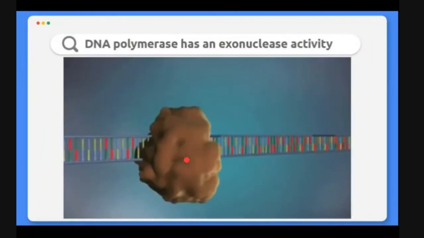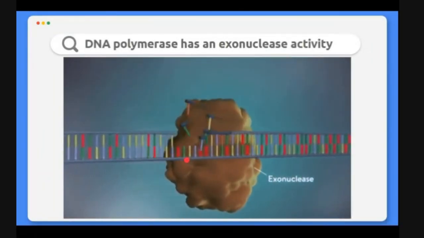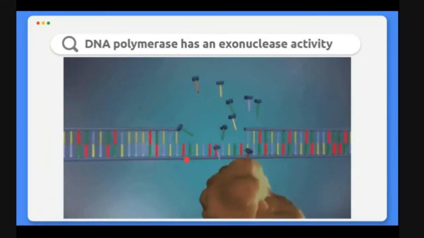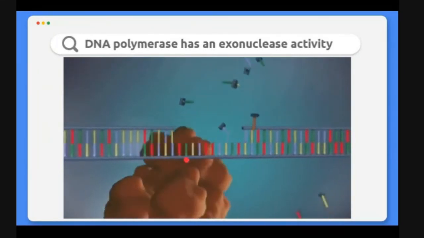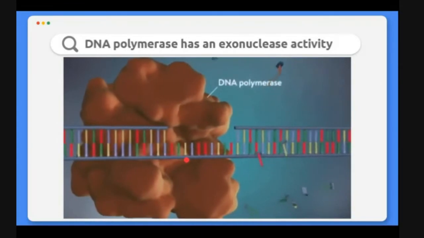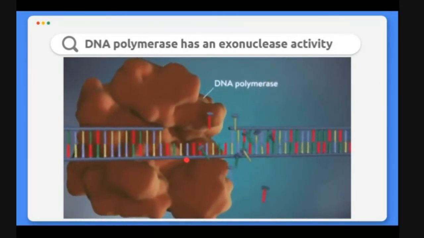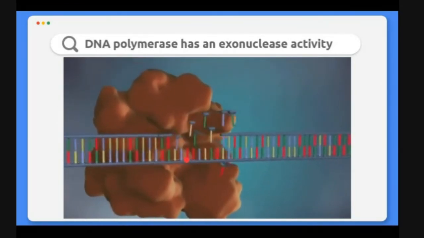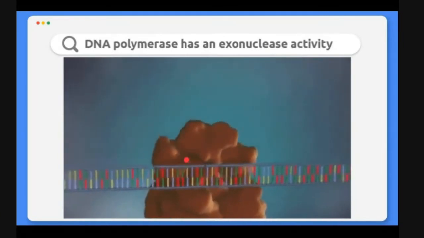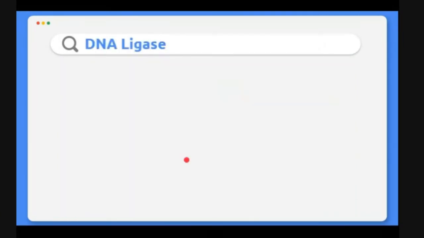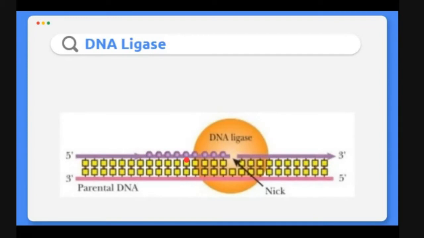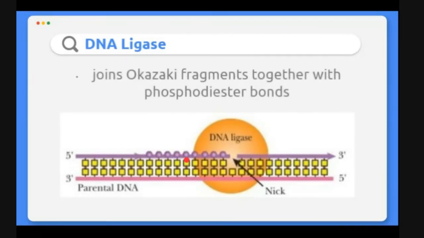So, tingnan natin. Exonuclease activity ng DNA polymerase, tinatanggal niya yung RNA primer, right? And magdadagdag siya ngayon ng bagong bases. Now, yung last mong character ay yung DNA ligase mo. And again, it joins the Okazaki fragments together with phosphodiester bonds.